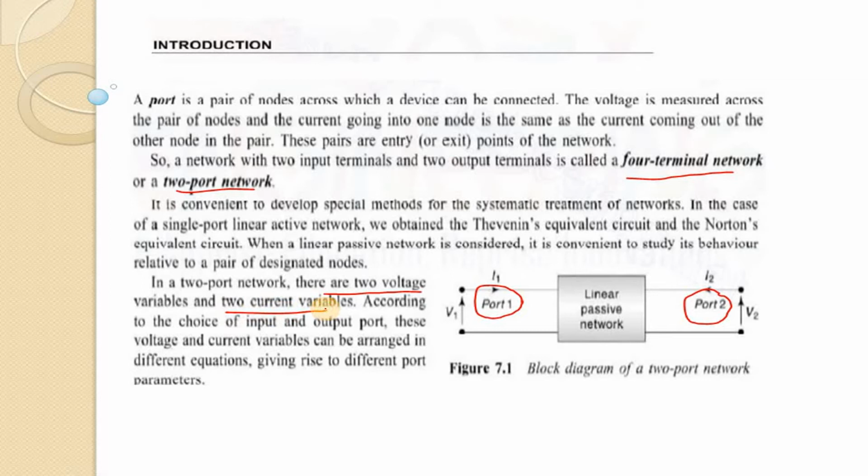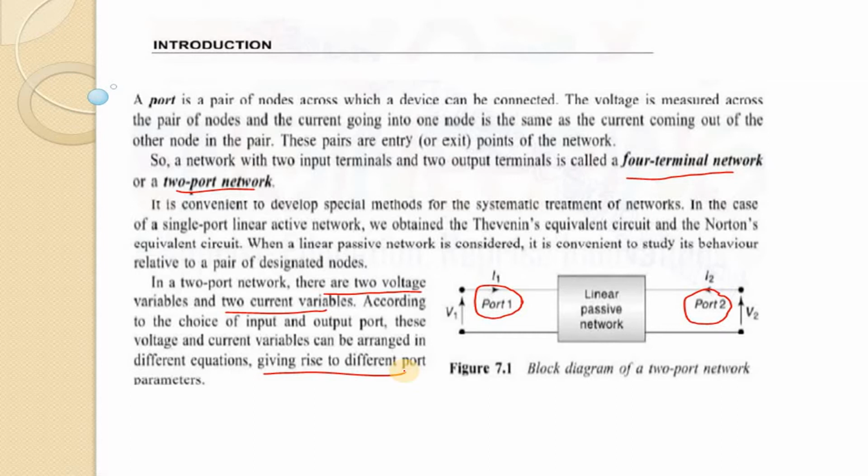According to the choice of input and output port, these voltage and current variables can be arranged in different equations, giving rise to different port parameters. That means a two-port network is basically about the relationship between voltage and current.